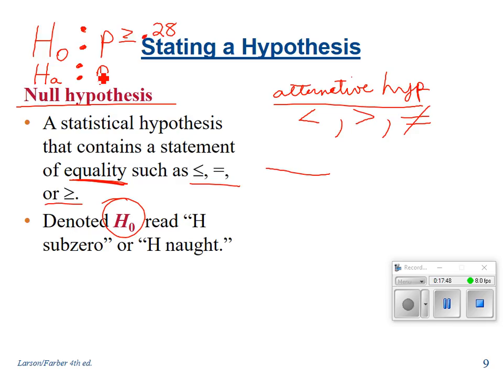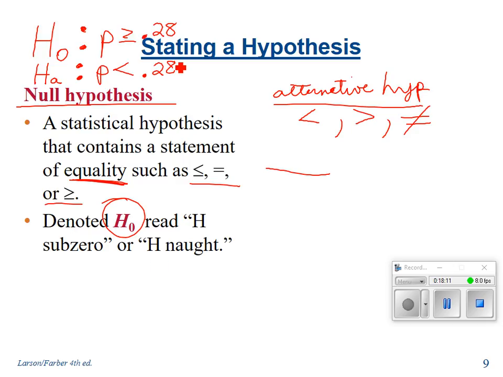So instead of greater than or equal to, we want everything less than 0.28. And that would take care of everything, that involves all of the probabilities. So you've got a null hypothesis, you've got an alternative hypothesis. Either this one's true or this one's true.